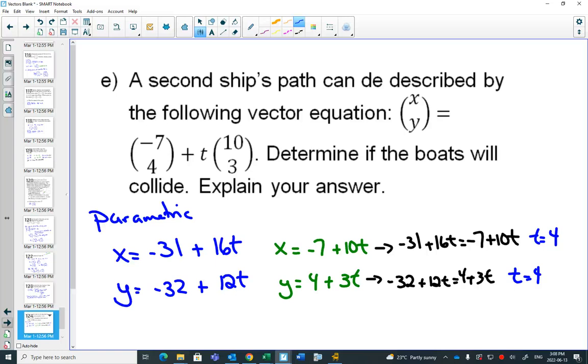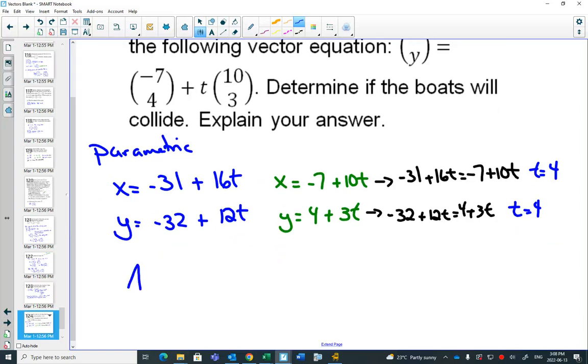Hours? Yes, it is hours. Yep. I get 90 on this side and 36 on that side. Add 32.